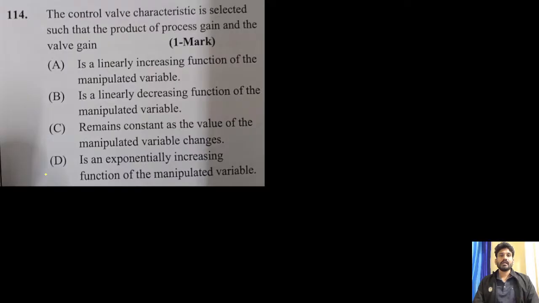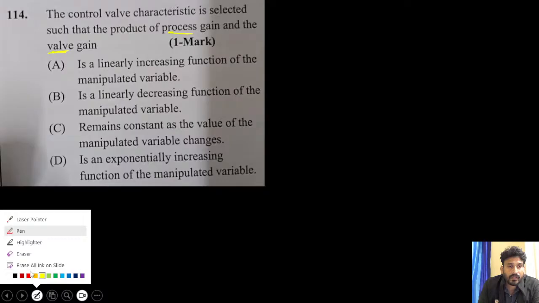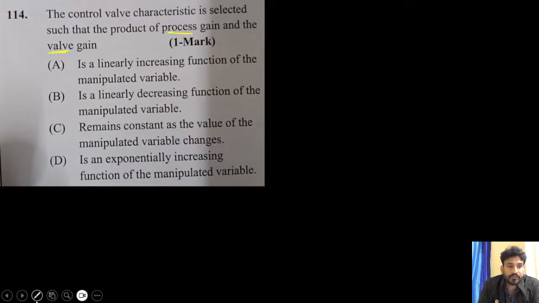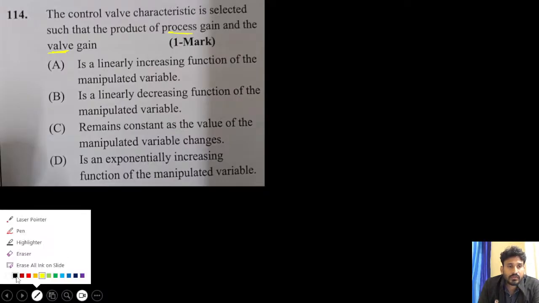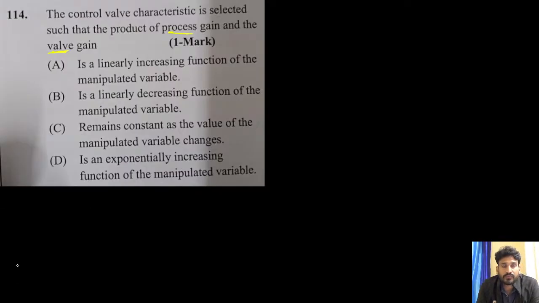Okay. चलिए देख लीजिए. Control valve characteristic is selected such that the product of process gain and valve gain. वही वाली बात आ गई. Process gain means the controller part and the valve gain is your valve वाला part, right? So don't worry. देखो, see what is my main motto of installing the hardware element like controller and the valve.